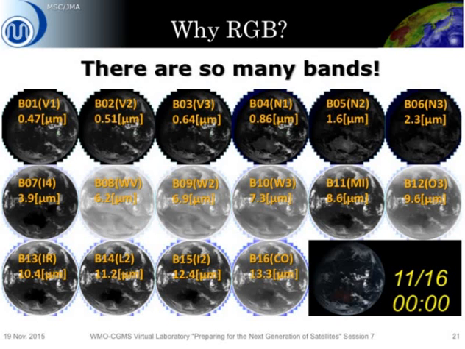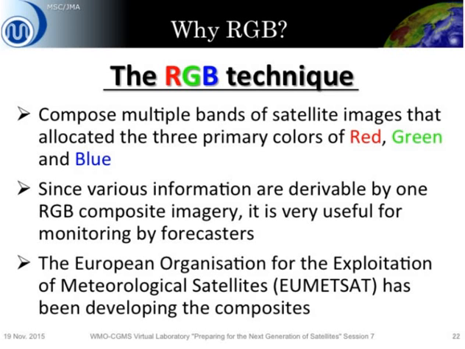Can you handle them? There are too many bands to monitor. Here appears the RGB technique. What we should do is just allocate the three primary colors of red, green, and blue to multiple bands of satellite images, and then compose them.